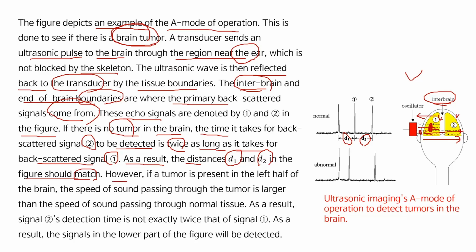However, if a tumor is present in the left half of the brain, for example here, the speed of sound passing through the tumor is larger than the speed of sound passing through the normal tissue.